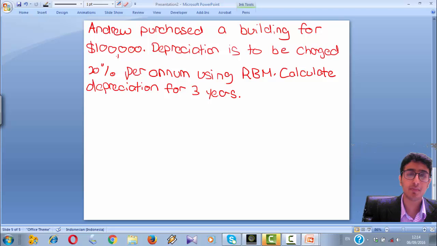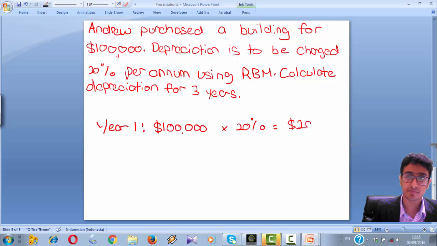Depreciation is to be charged 20% per annum using reducing balance method. Calculate depreciation for 3 years. Now, in year 1, what will be my depreciation? It will be $100,000 times 20%, which equals to $20,000.